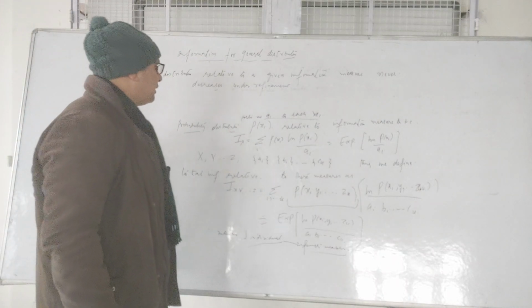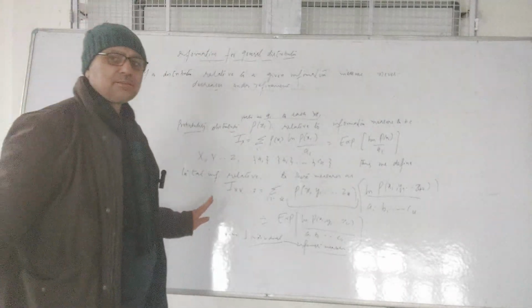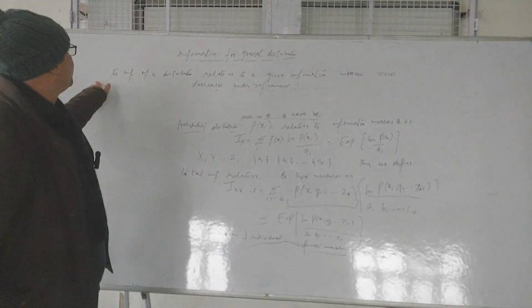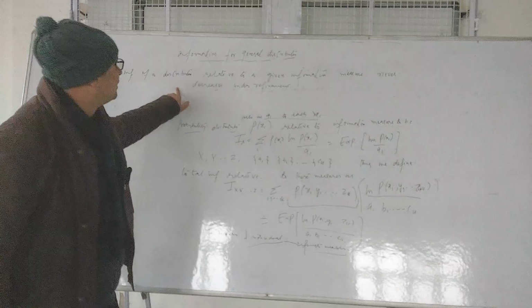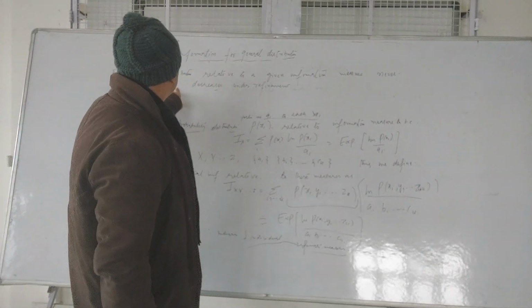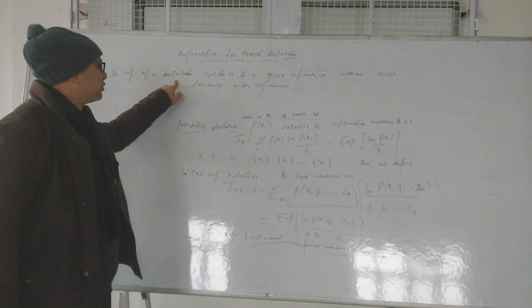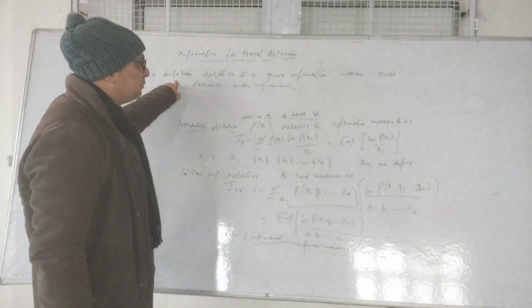This proof has been attempted in the appendix, but the main thing is the information distribution relative to the given information measure.